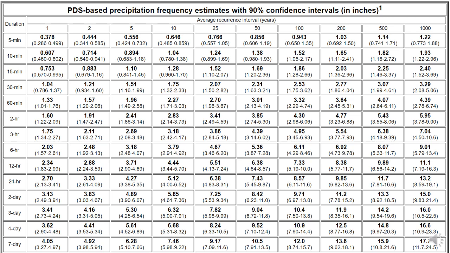The reason that there's a wide range there is that our data records aren't long enough to shrink that range of uncertainty down to more manageable levels. As we gain more data, this range will decrease over time. But it gives you a range of how confident you can be about that number.